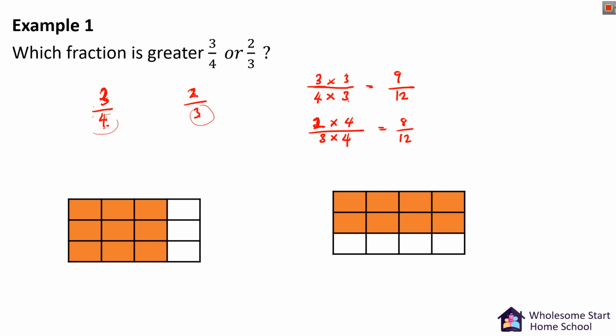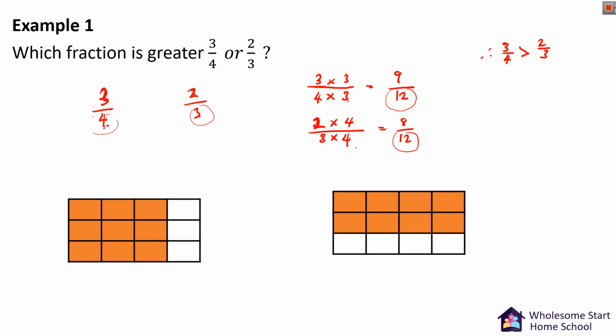Now 9 out of 12 and 8 out of 12, which one is greater? 9 out of 12. That means 3 over 4 is greater than 2 over 3. How do we know that? We first make sure that we convert both of them to the same denominator.